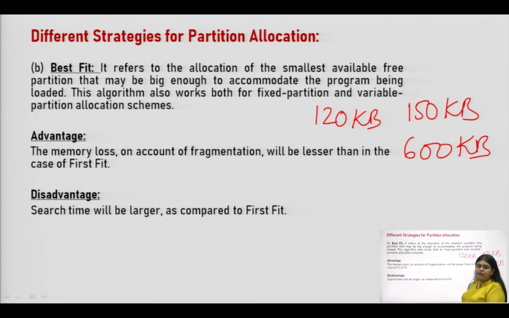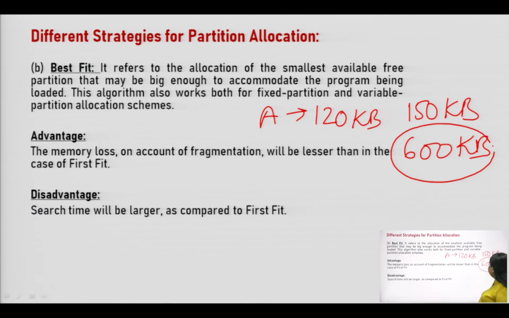We will search for the smallest block that can satisfy the requirement of this process A. We could have allocated the 600 KB block also, it would have been very easy, but best fit says it is going to search for the smallest memory block, and depending on that the allocation is done.